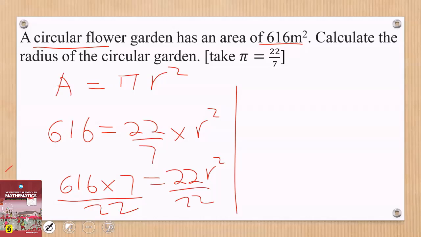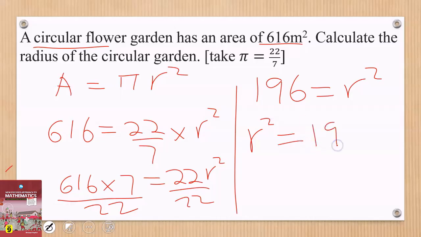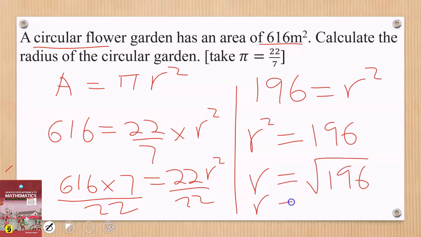So 28 times 7 will be 196. So we can say 196 is equal to r squared. And since we want to make r the subject, we just take the square root of both sides, and that will give us r becomes 14. So 14 meters will be the radius of the circular garden.